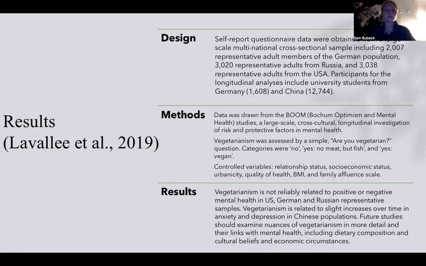Categories were no, yes, no meat, so answer no if you eat no meat but fish, and then answer yes if vegan. And then the control variables within the study were relationship status, socioeconomic status, urbanicity, quality of health, BMI, and family affluence scale.